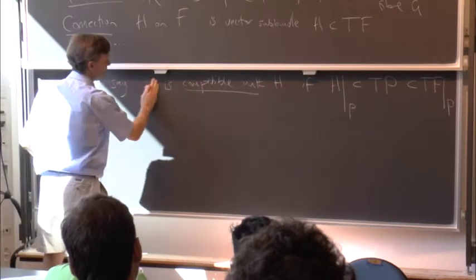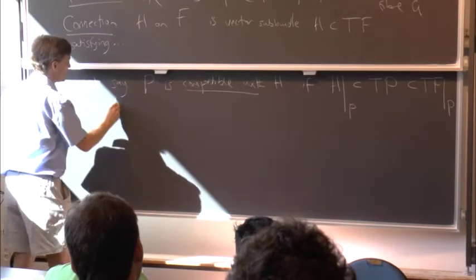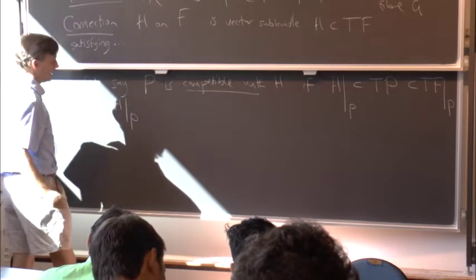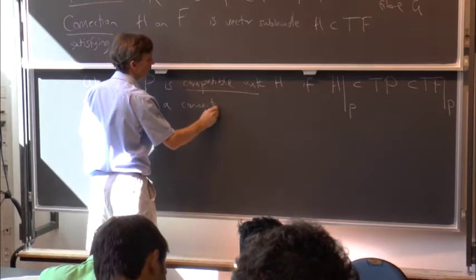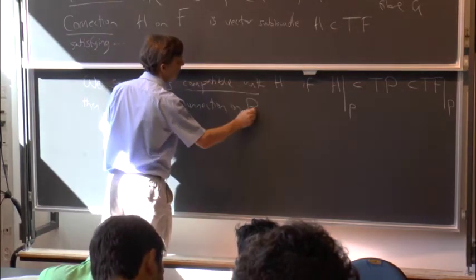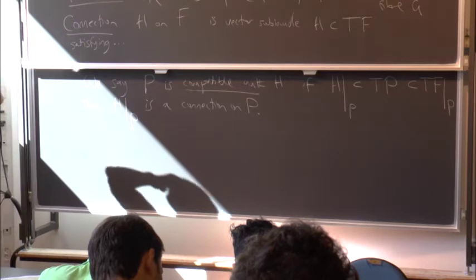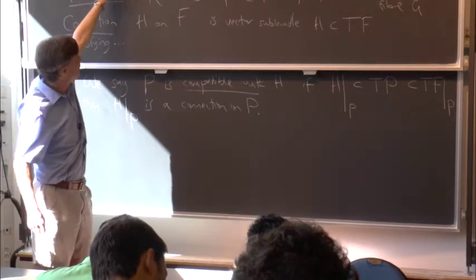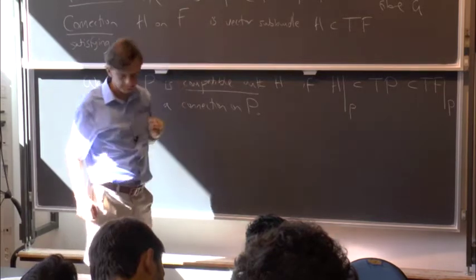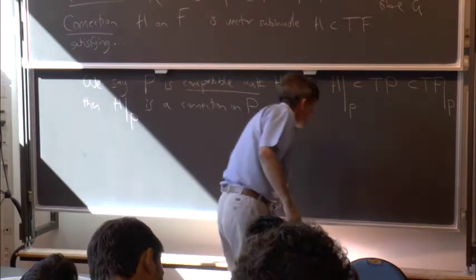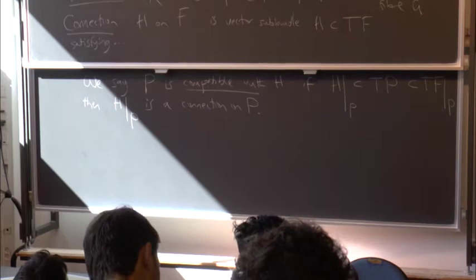Then H restricted to P is a connection on P. So certain connections on the frame bundle can be restricted to connections on the principal bundle, the G-structure bundle.